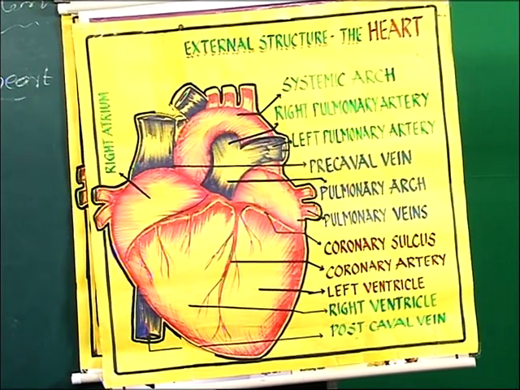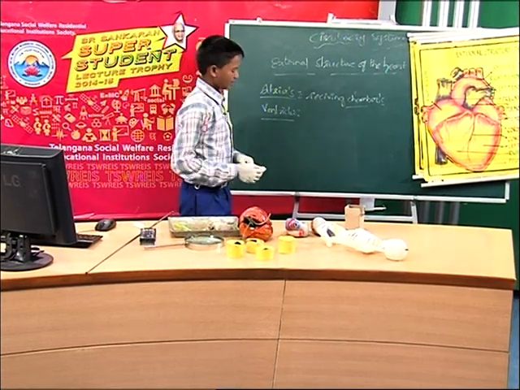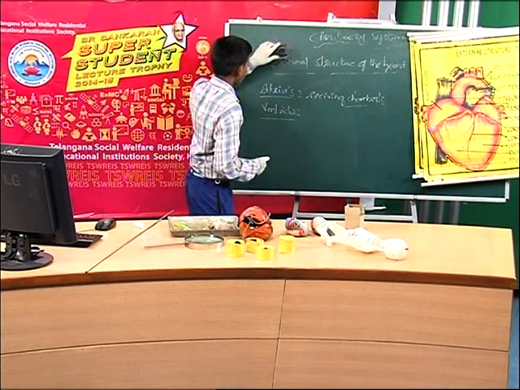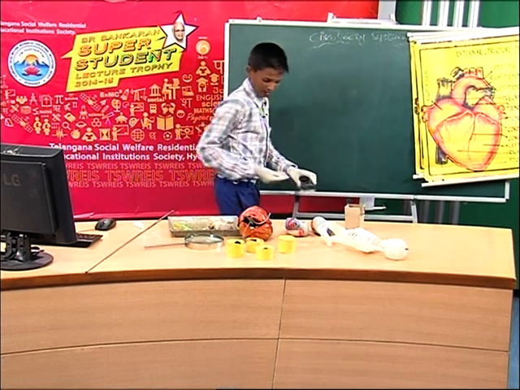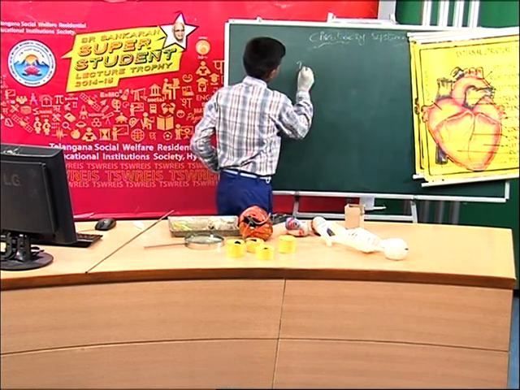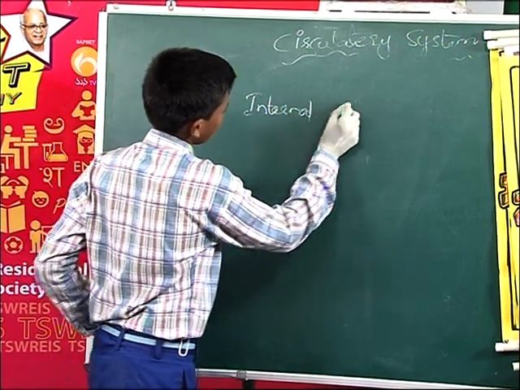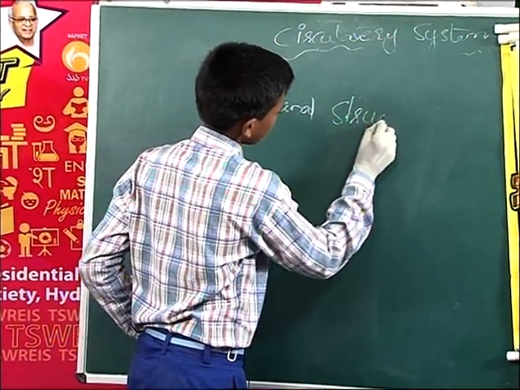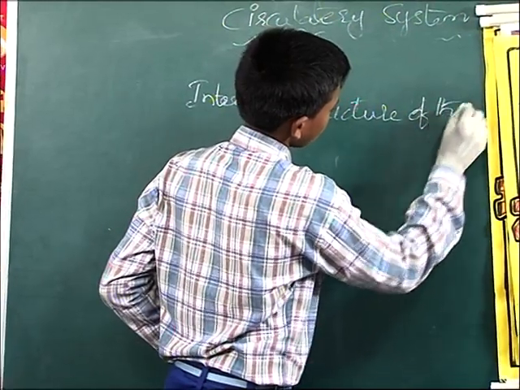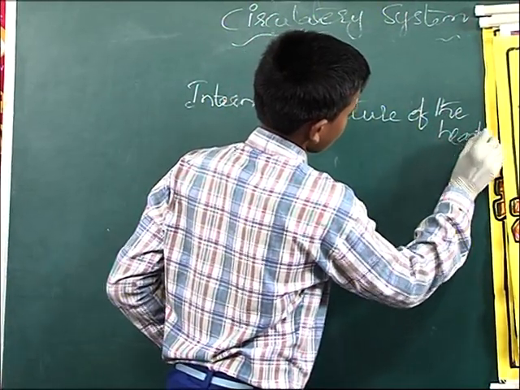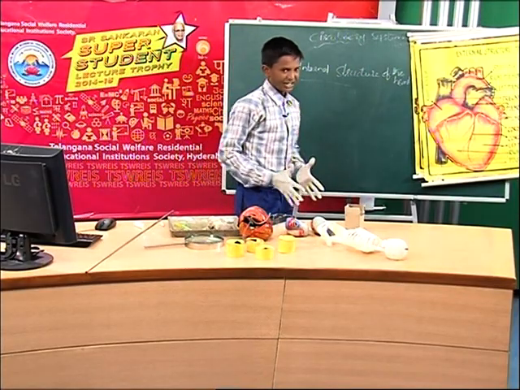So, Tswreis, now we learn about the internal structure of the heart. We have already learned that the heart is divided into 4 parts.